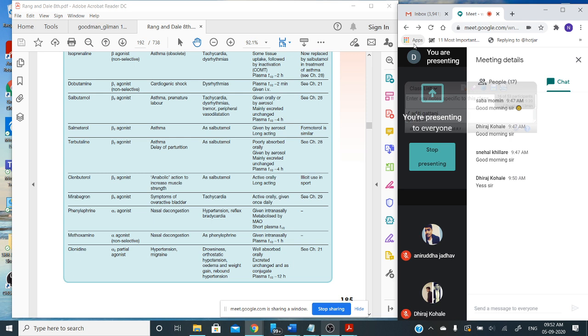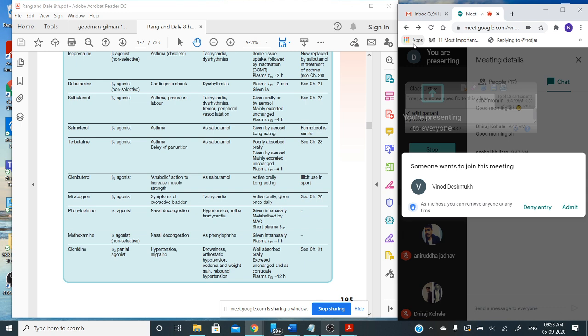A few more important things are there. One of the very common and very important experiments was carried out in the previous century, before 1900, by the researcher Henry Dale. You might have studied Rang and Dale.